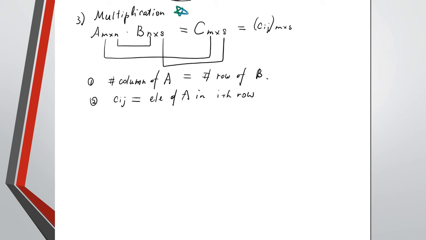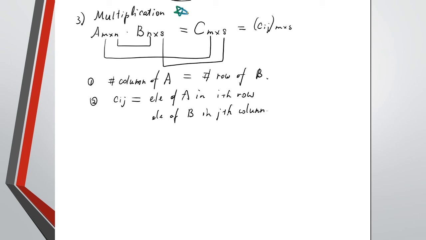Okay? And then we will have the element of B to participate, so the element of B in the jth column.